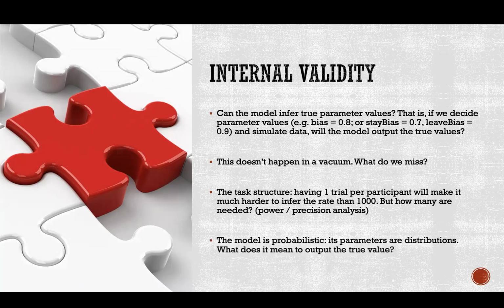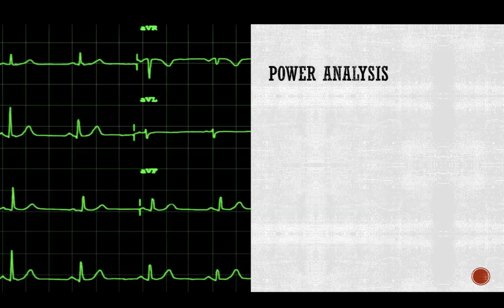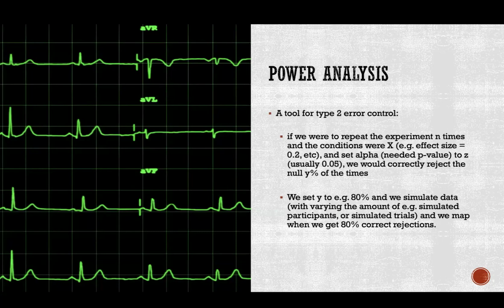So power analysis, and I was having fun with the PowerPoint designer, has nothing to do with that kind of power, but yes, it's a tool for type 2 error control, which is very central in frequentist statistics. It's less central in Bayesian statistics.